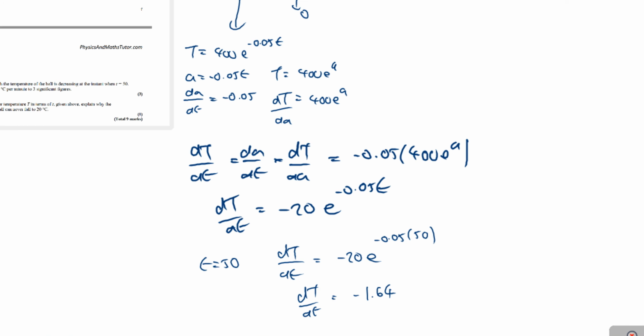And again, we're just double checking, we want it to 3 significant figures. So that is our answer, minus 1.64, and it's going to be degrees per minute as little t is in minutes and big T is in degrees.